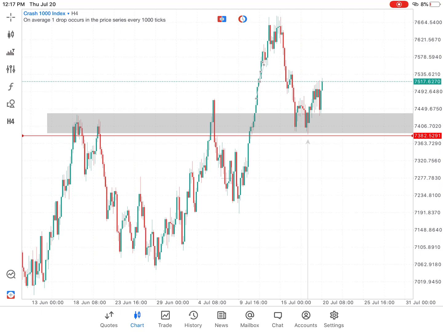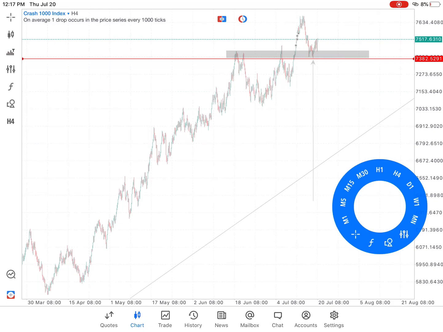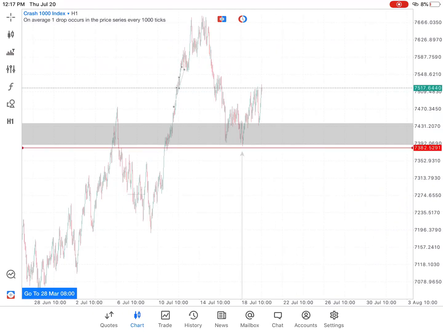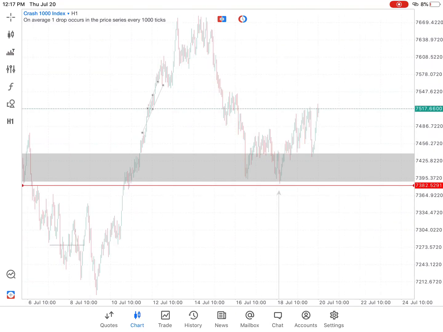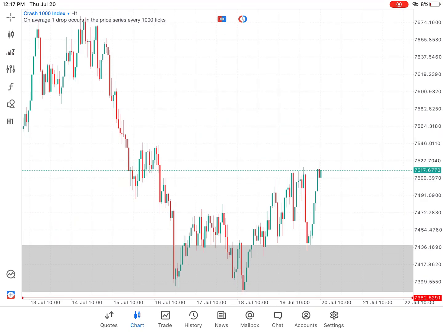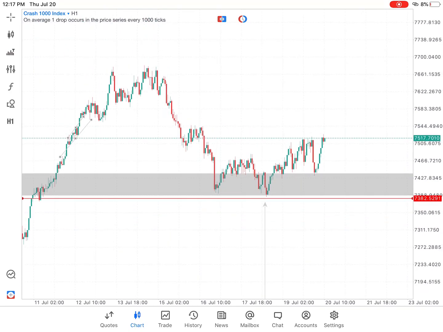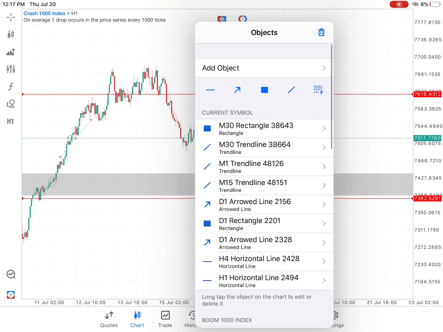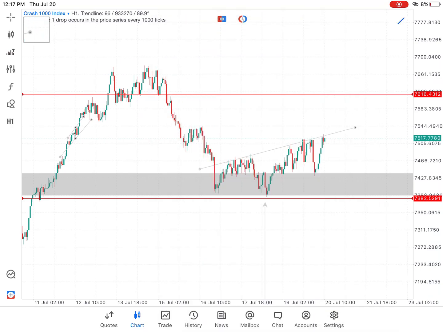All right, so if I could just move down to the 1-hour time frame, I can have a minor support and a minor resistance at these particular points. If I can just draw a small resistance there, and remember we are in the 1-hour time frame.